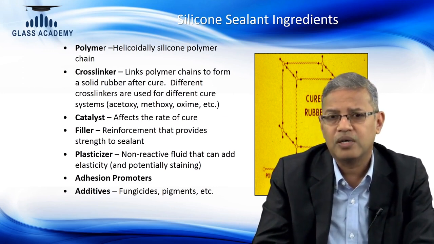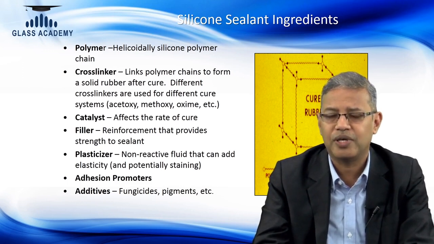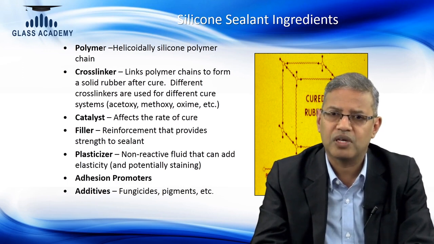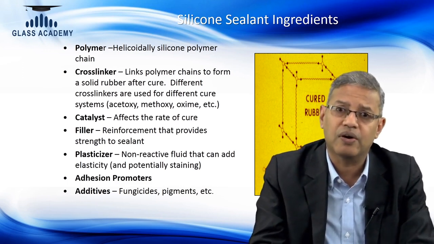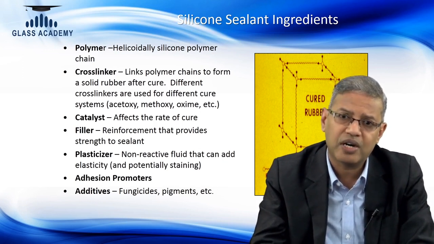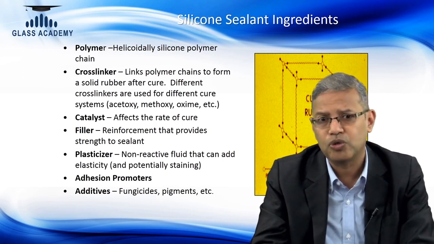substrates. And some of the essential additional features for the product can be obtained using special additives. For some applications, like a moist area where you have a bathroom or a kitchen area, you are looking at an antifungal sealant. You don't want any mold or mildew or organism to grow on that.